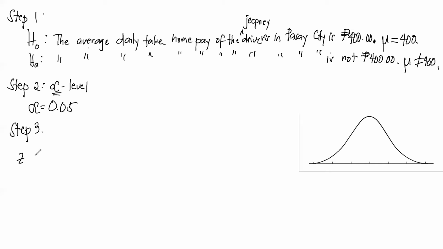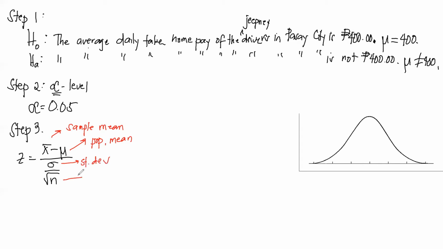It is x bar minus mu all over sigma over square root of n, wherein x bar is the sample mean, mu, of course, is the population mean, small letter sigma is the standard deviation, and n is the sample size.